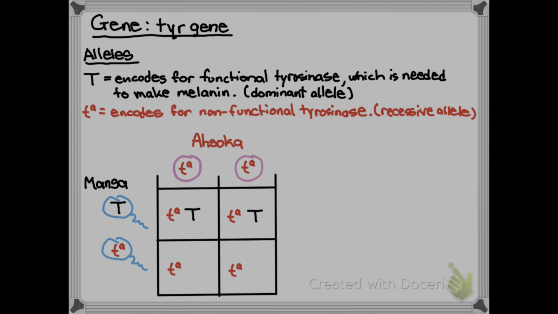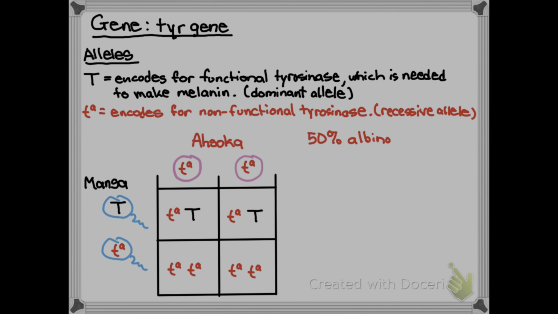With Mansa, the first row will represent the possibilities if the gamete that fertilizes Ahsoka's egg is the one with the wild type allele or the dominant allele. And in the bottom row, the possibilities if Ahsoka's egg is fertilized by the sperm cell that has the recessive allele.